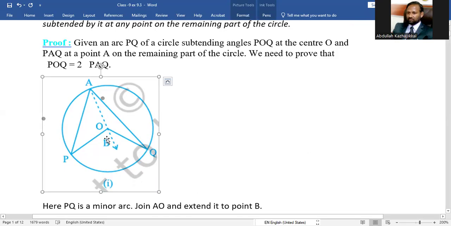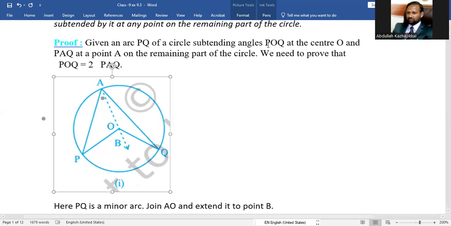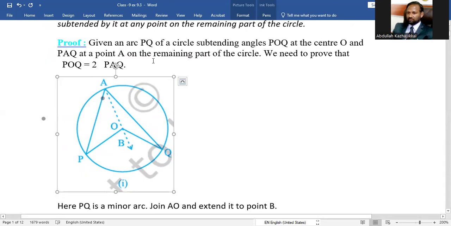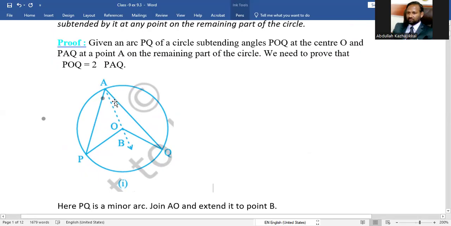Yes, POQ is the angle. Angle POQ at the center, and the remaining part of the circle, and PAQ. POQ and PAQ, you can see here PAQ. We need to prove that POQ is equal to 2 PAQ. PAQ is the double of POQ, that's proved here.